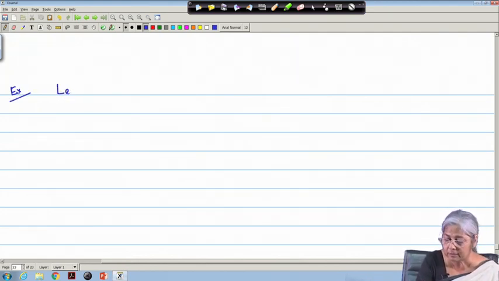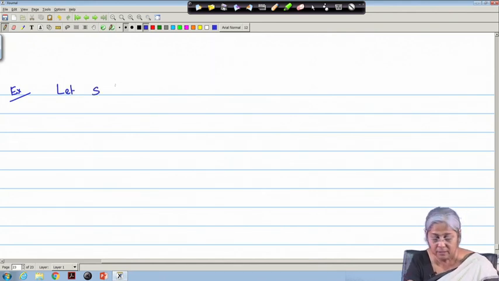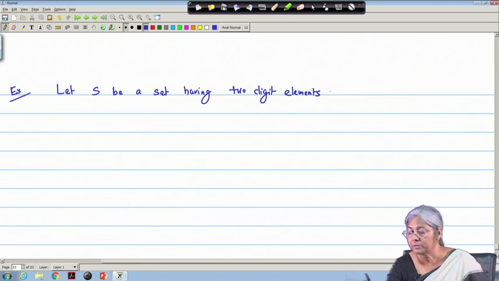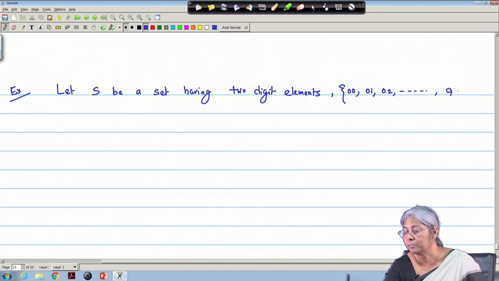So, let S be a set having 2-digit elements. That means 00, 01, 02, in this way up to 99.